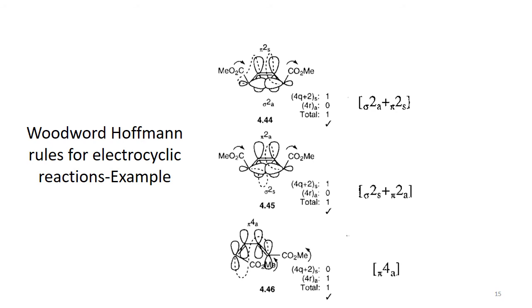We consider these two components interacting together. The carbon-carbon double bond is basically the pi system, a 4q plus 2 kind of system, because if q is 0, it goes to 2 electrons, and the sigma bond also comes in the same category.